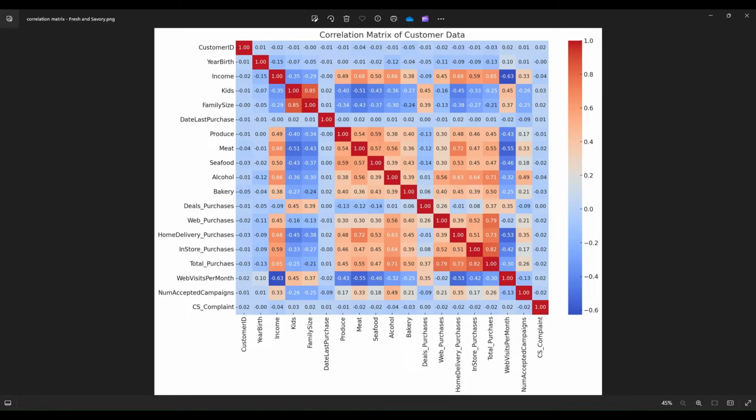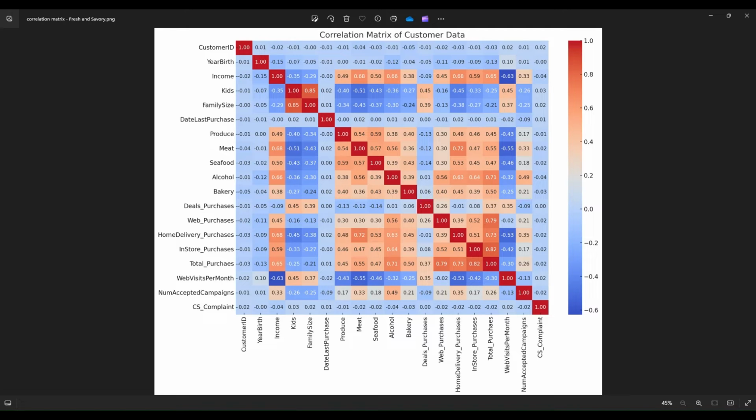For family size and kids, there's a strong positive relationship between the number of kids and family size, which is expected. For web visits and web purchases, a negative correlation exists between web visits per month and income, suggesting that higher income customers visit the web less frequently.